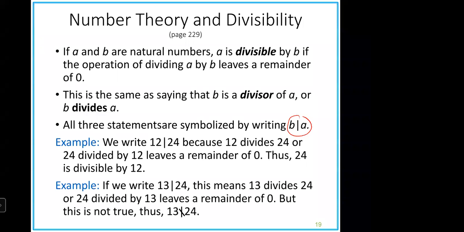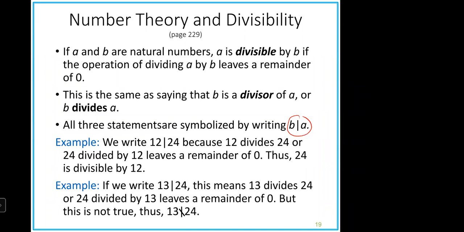All right, so in another example, if the question is asked, does 13 divide 24? Is 24 divided by 13, you will not get a remainder of 0. 13 can go into 24, but you're going to get a remainder which is not 0.